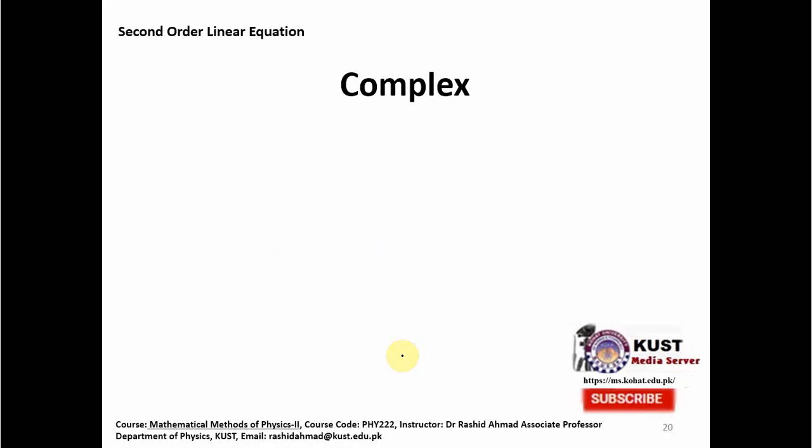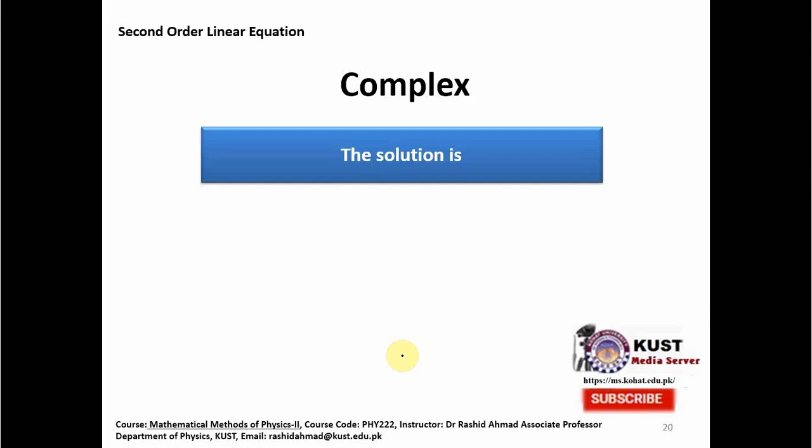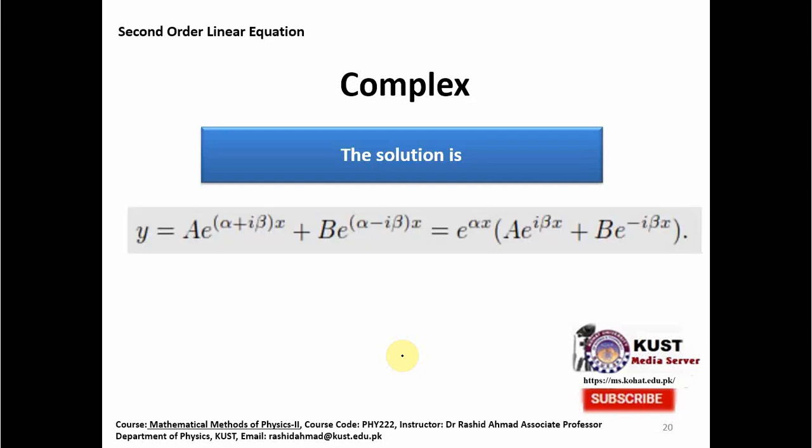Okay, now we move towards the third case, when we have roots which are complex. Then the solution would be of this form. The most general solution will be of this type; there could be many different ways to write the solution for the complex conjugate roots, but this is the form we have obtained.